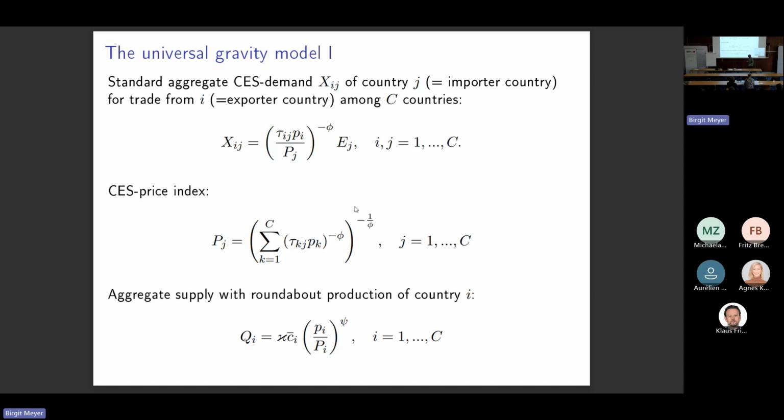You will see that in a minute. But you can think of the standard Krugman model or the Anderson van Wincoop endowment model.